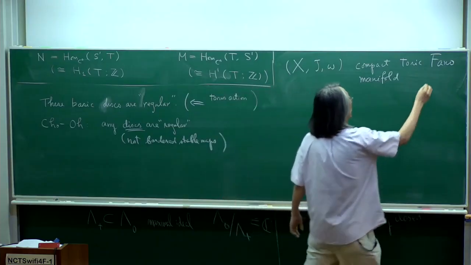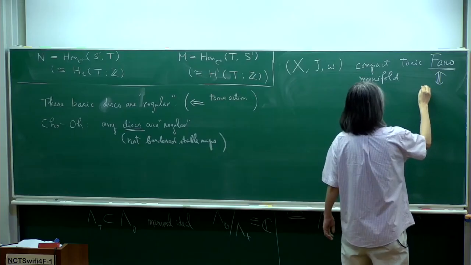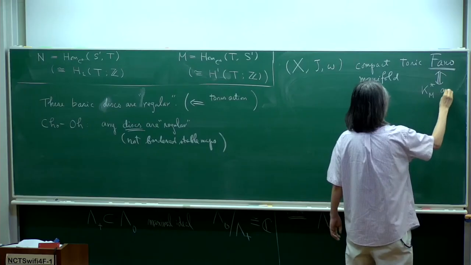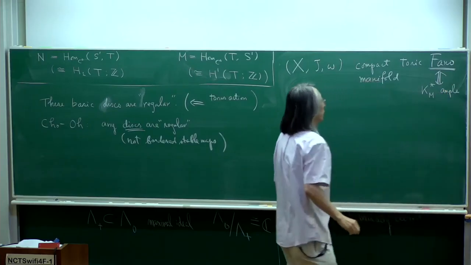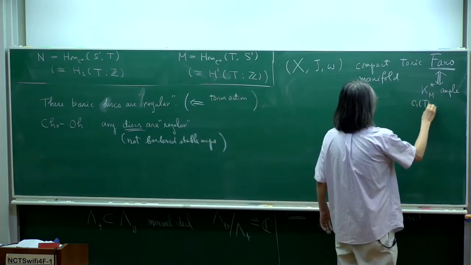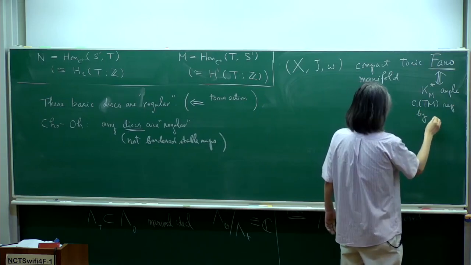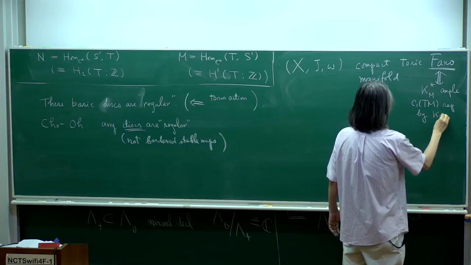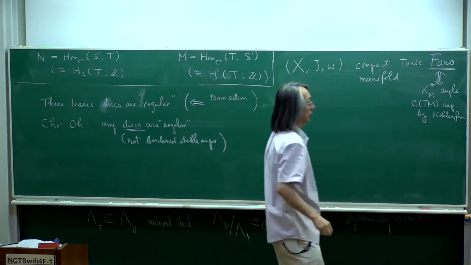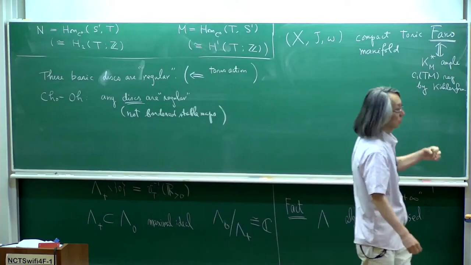The Fano condition means that the dual of the canonical bundle is ample, or the first Chern class of the tangent bundle is represented by a Kähler form. It is an integral class, so an integral Kähler form. So this is the Fano condition.